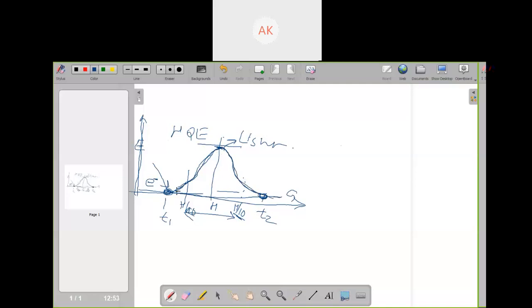So the time when it is hit, and when it goes back to its stable energy, the difference is t2 minus t1. At this point the energy of the atom is highest. The energy at this time is 1/10 of this energy.